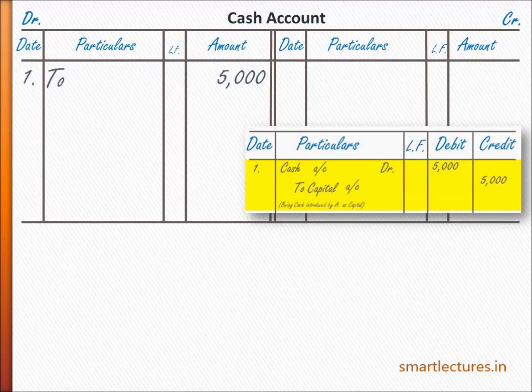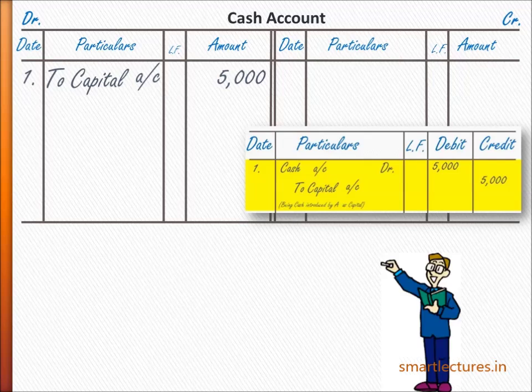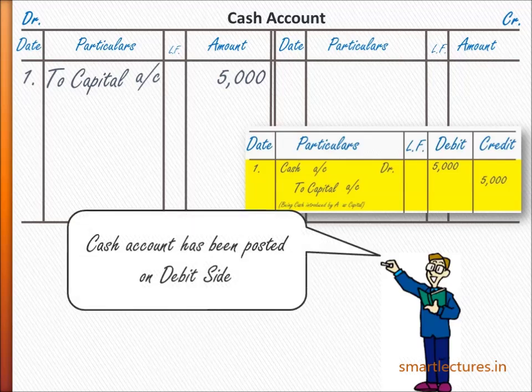When cash account was debited by rupees 5,000, the opposite account was capital account. So write down 'To capital account', rupees 5,000 on the debit side. It means cash account has been debited by rupees 5,000 in ledger posting, or in other words, you can say cash account has been posted by rupees 5,000 on the debit side.